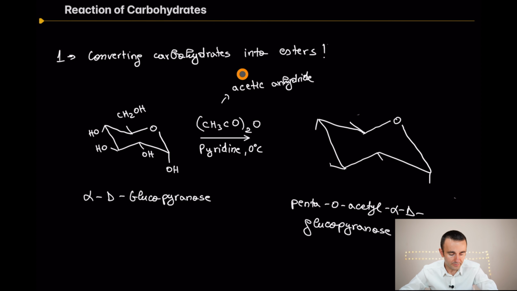First, we are going to do conversion of carbohydrates into esters, right? What do we have here? Alpha-D-glucopyranose. We treat that with acetic anhydride in pyridine, 0 degrees Celsius. All those positions are going to be filled with ester groups.